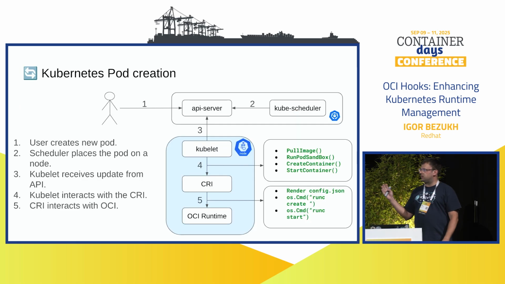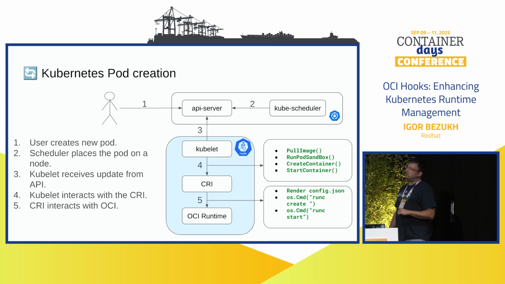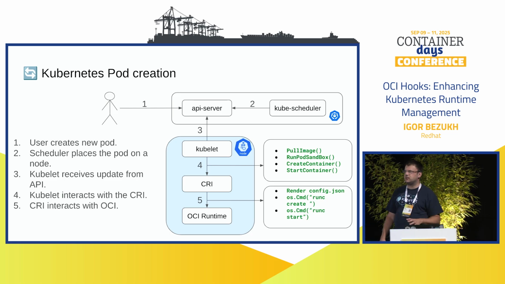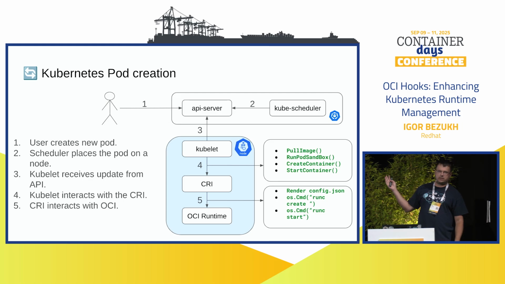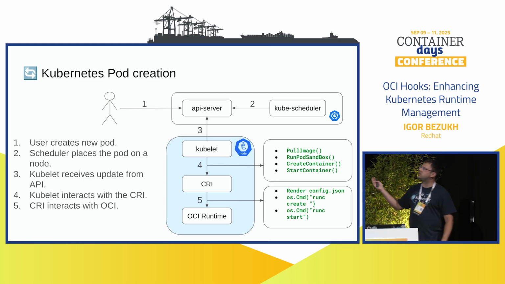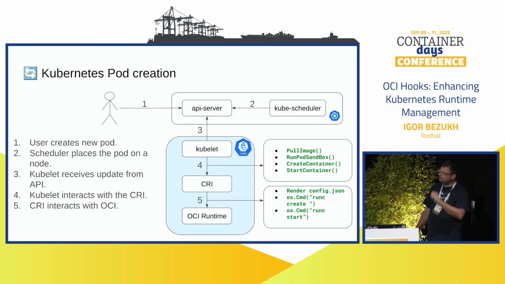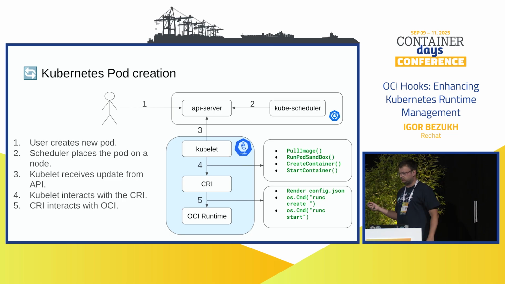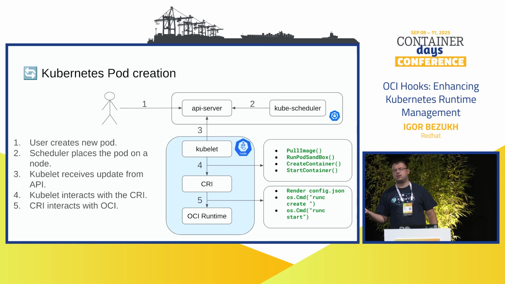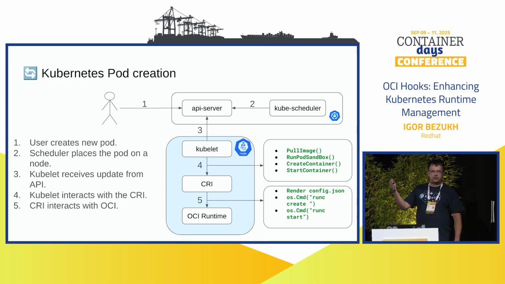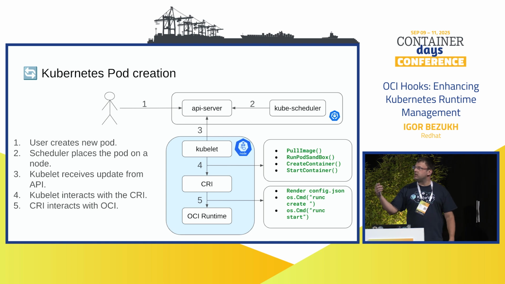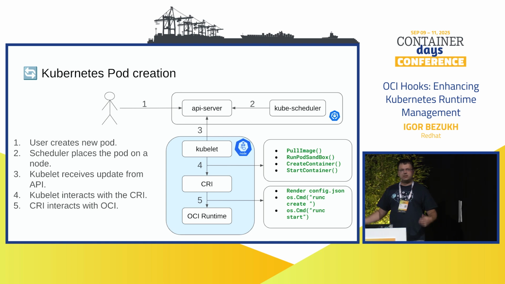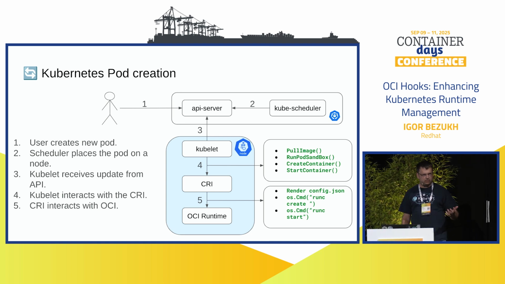This is an example flow from Kubernetes regarding the pod lifecycle. If a user creates a pod or deployment, it's admitted to the API server. The kube-scheduler puts a node label on the deployment or on the pod spec. Then the kubelet sees that it needs to create the pod.